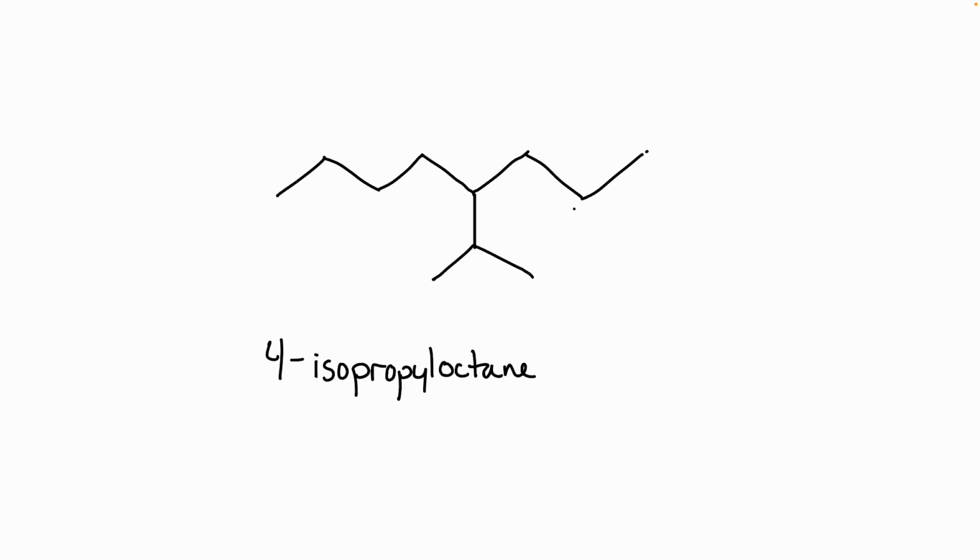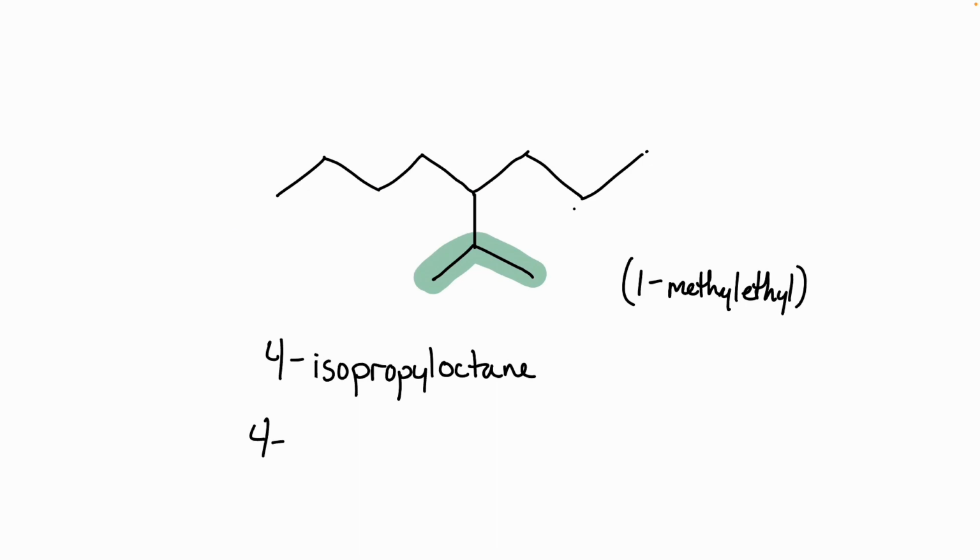Okay, but we also had ways of more systematically naming these branched alkyl groups right here. So this isopropyl group, we could also call, in parentheses, 1-methylethyl.